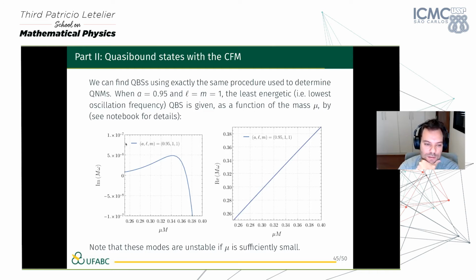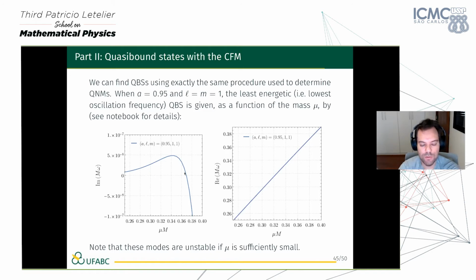Here, what is interesting is the imaginary part, which tells you if the mode is decaying or increasing in time. And you see that if the mass of the scalar field is sufficiently small, so here, around 0.37, so smaller than 0.37, you have imaginary parts which are positive.